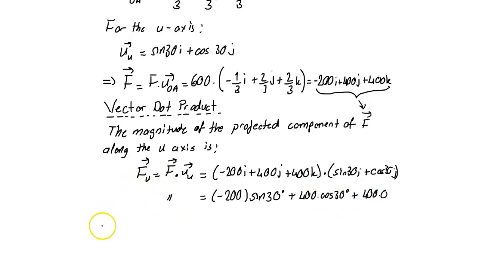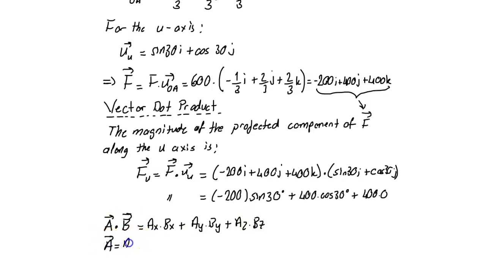So let's just remember, vector A dot product vector B will be equal to Ax times Bx plus Ay times By plus Az times Bz. So these two vectors are expressed as Cartesian vectors.